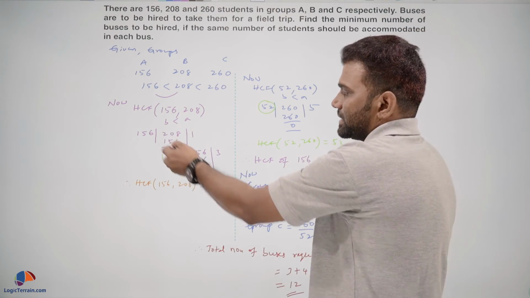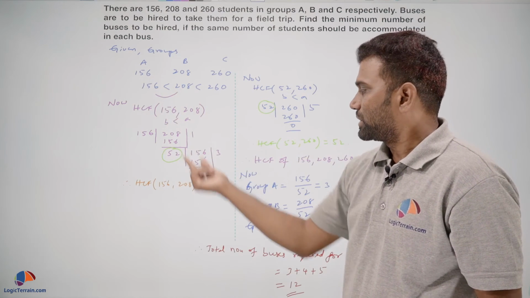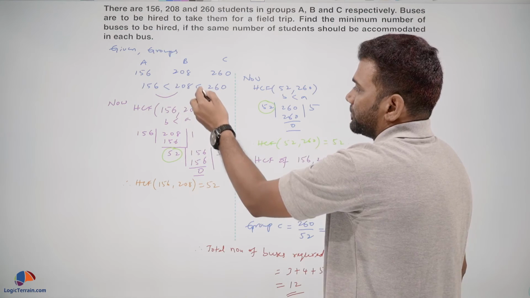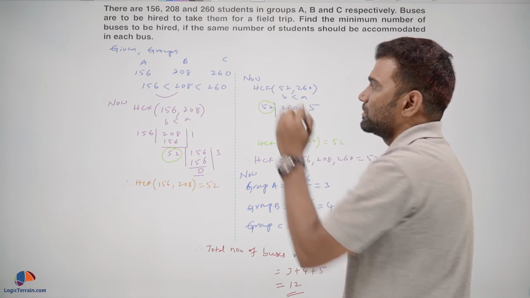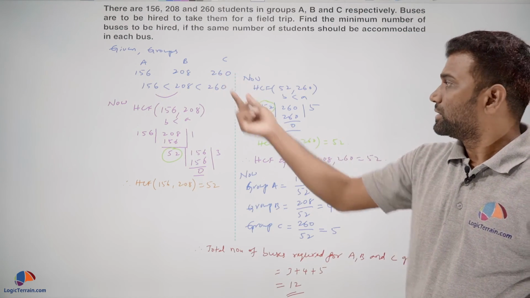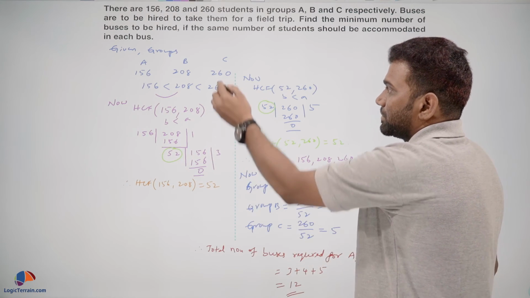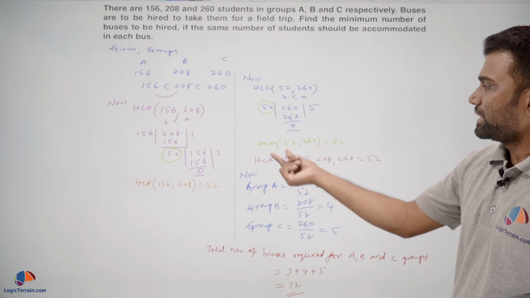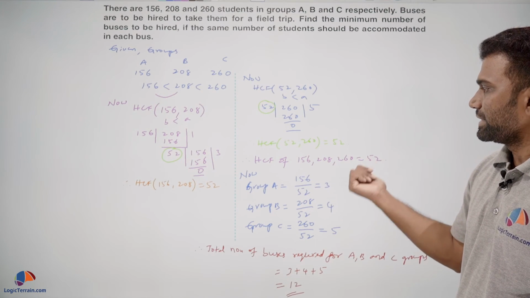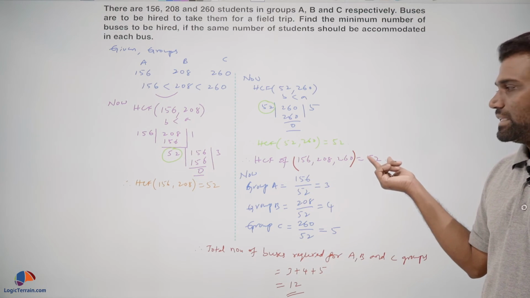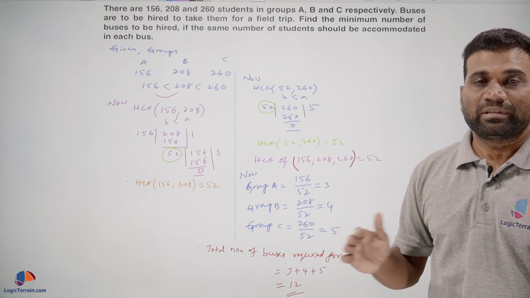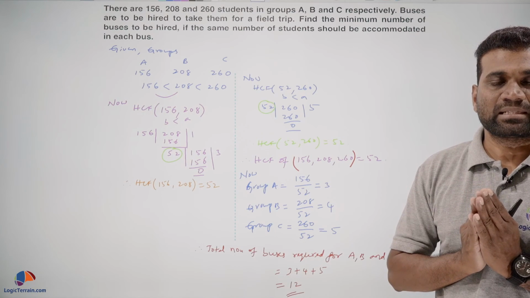Using Euclid's algorithm, we got the HCF of the first two numbers is 52. Since the HCF of these two numbers is also a factor of the third number, we find the HCF of this number and the remaining number, and that is also 52. So the HCF of these three is 52. Therefore in each bus we can accommodate 52 students, right?